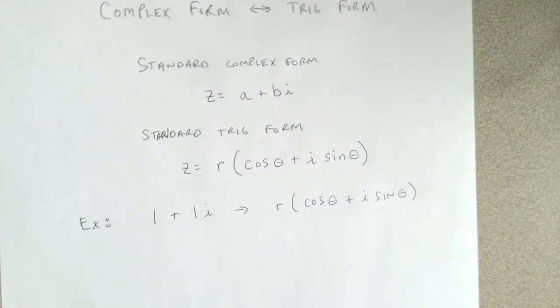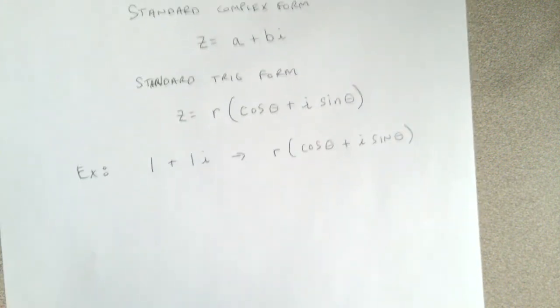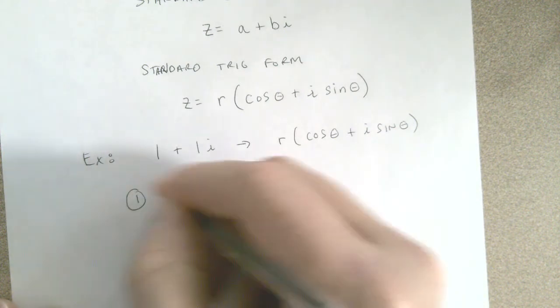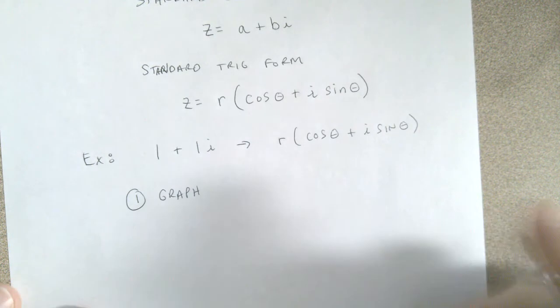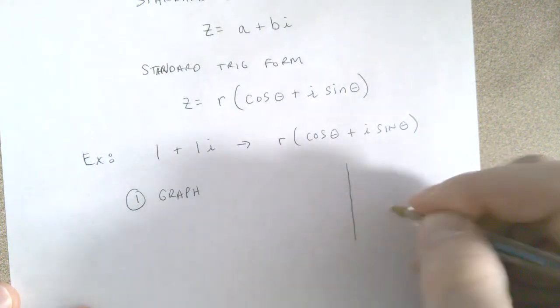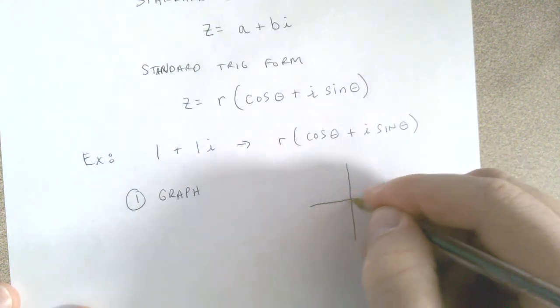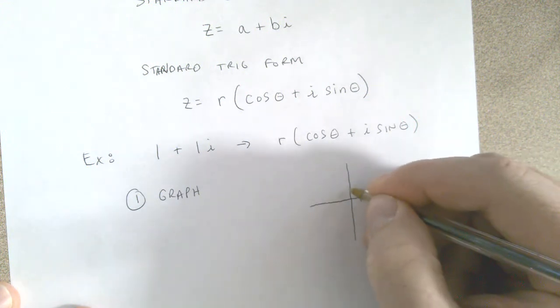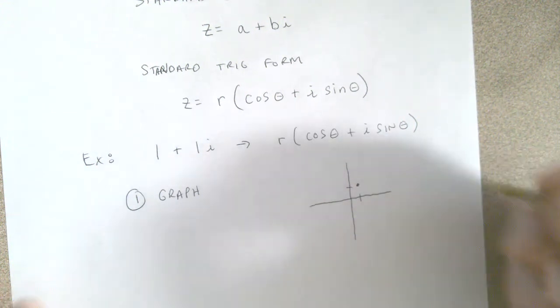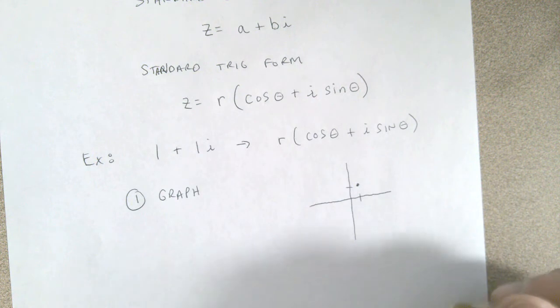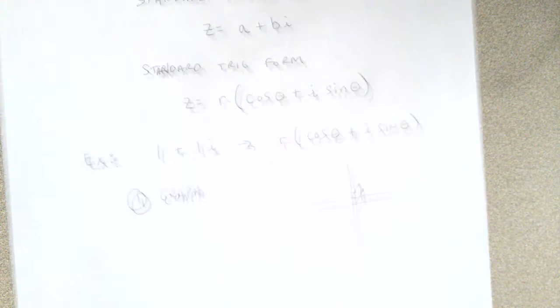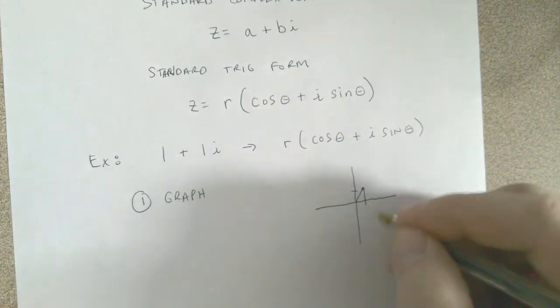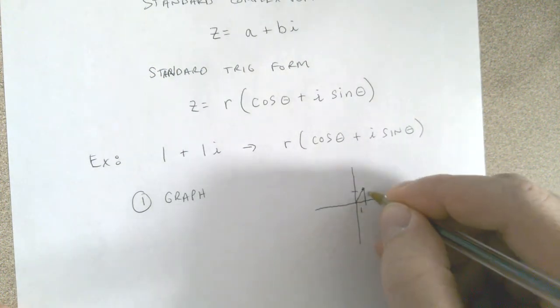Here's the process. Step 1, we are going to graph it. We make a little sketch over to the side: over 1, up 1. We make a little triangle, where this side is 1 and this side is 1.